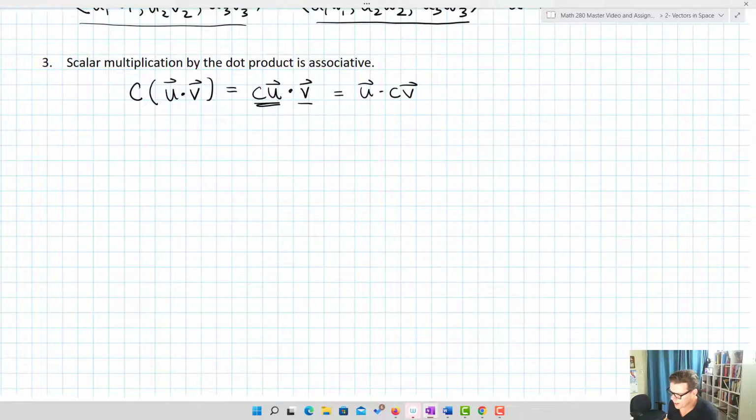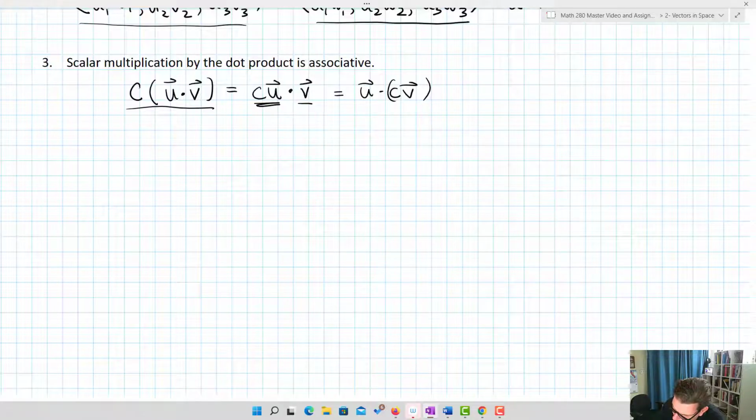It can go either way. Some of this can be handy if we wanted to multiply c times v first and then dot with u, or we can factor out, getting back to c times u dot v.